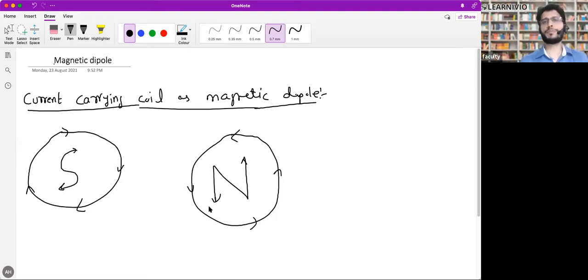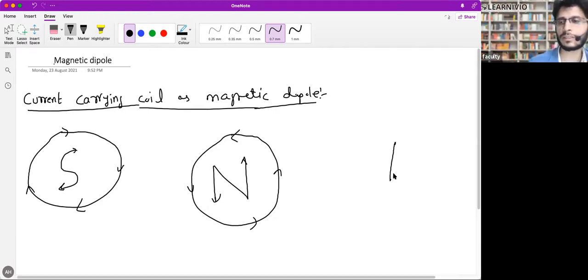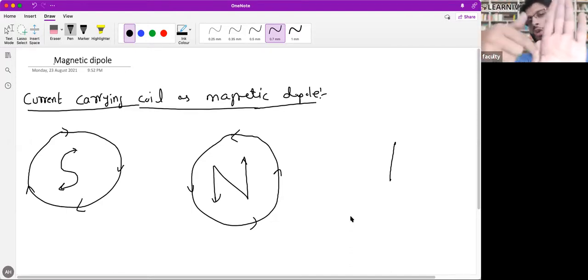If you take a paper and draw a coil over that paper in some clockwise direction, when you look at that paper from your end, the current is clockwise. But if you look from another end, it will appear anti-clockwise. If I'm placing this coil in this way, and I say it's clockwise from your end, then from my end, it will be anti-clockwise.